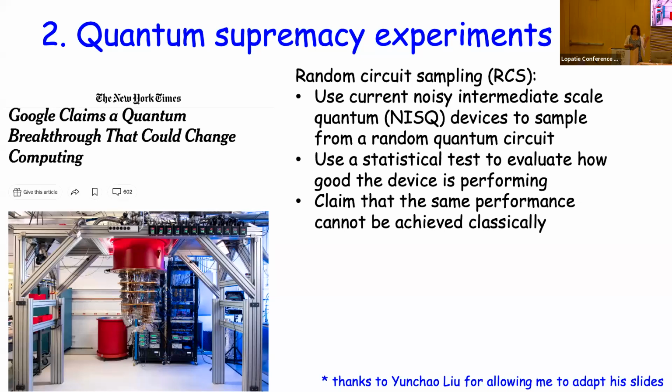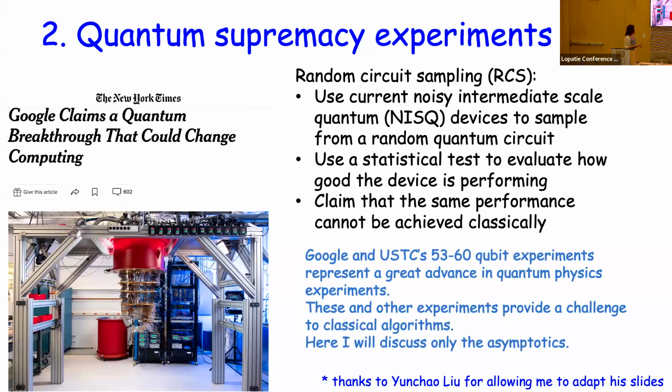And claim that the same performance cannot be achieved classically. Now, not only Google, but also USTC from China, demonstrated such experiments on 53 to 60 qubits. And these are really extremely impressive experiments. And there are claims about their advantage over classical algorithms in finite cases.